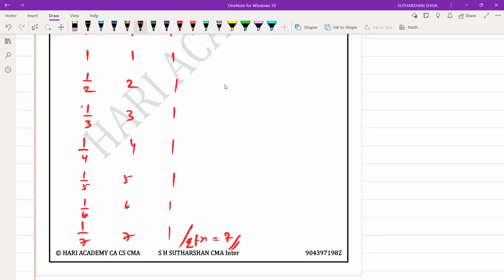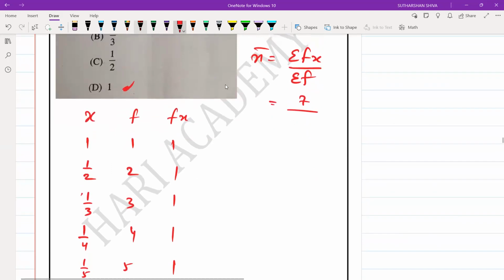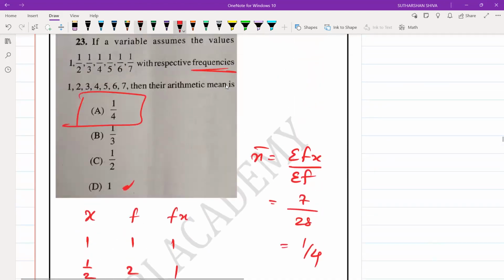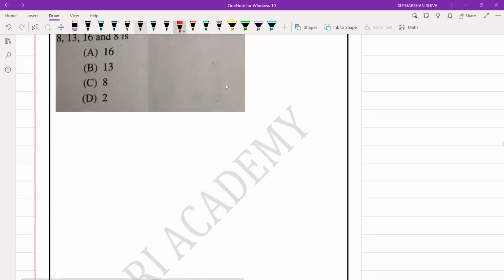Summation f is 7 plus 6 plus 5 plus 4 plus 3 plus 2 plus 1. It is nothing but 28. So 7 by 28 is nothing but 1 by 4. My final value is going to be option A. Kindly understand this.